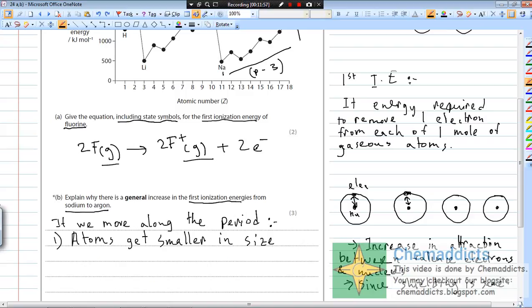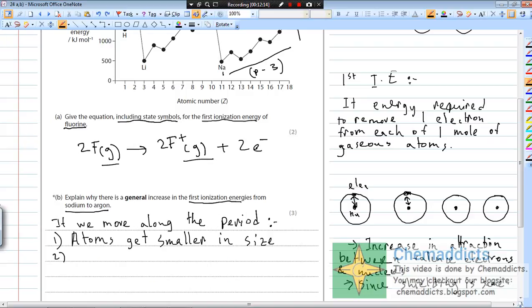Since the shielding is the same, the attraction between the valence electrons and nucleus increases. Okay, so this results in atoms getting smaller in size.